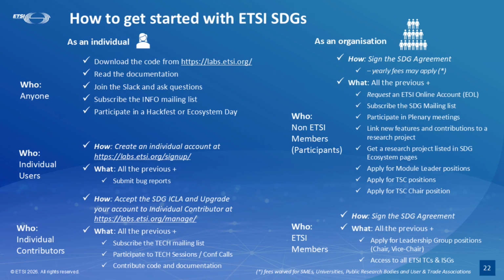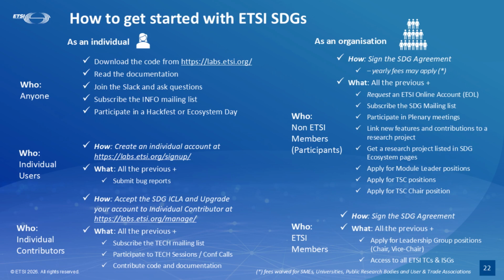Anyone can access the code at labs.etsi.org, read the documentation, and join the Slack group. Participation in Hackfests or ecosystem days is also open to all. In order to contribute to the code, a contributor account is needed.